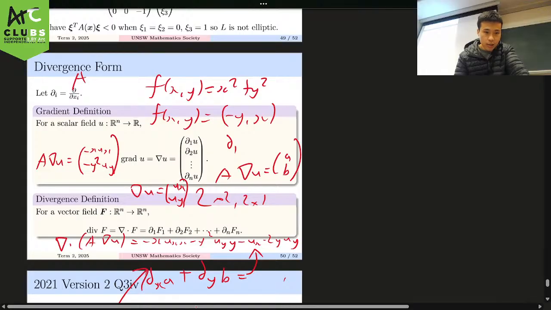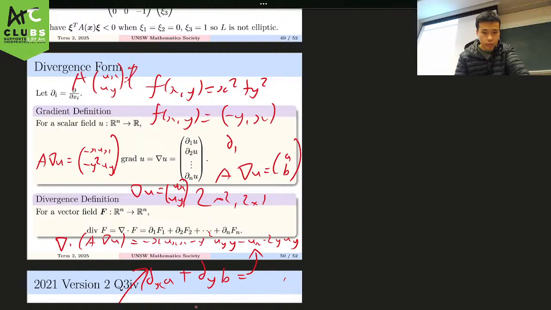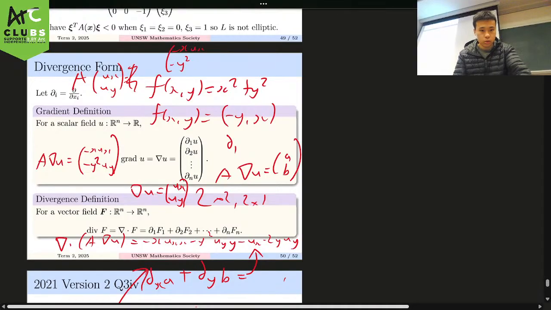We just need to find the matrix A such that A multiplied by (u_x, u_y) must equal minus x u_x minus y squared u_y. I'm really going to run out of space. So how do we find the matrix A? I'm going to call it the matrix representation theorem, something like that.